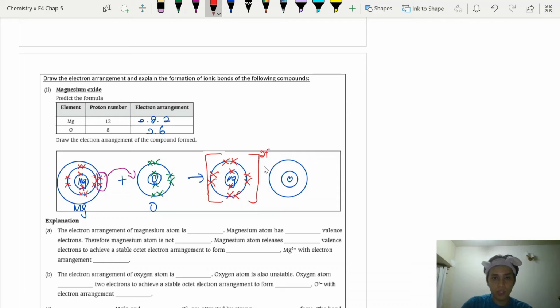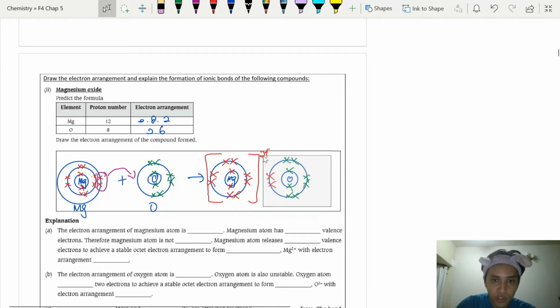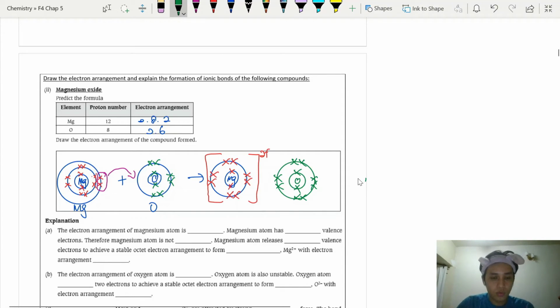Remove 2 electrons, so 2 plus. Then the oxygen: 2, 4, 6, 8. Since it accepts 2 electrons from the magnesium, close the bracket, and the charge is 2 negative. So this is the electron arrangement for magnesium oxide.